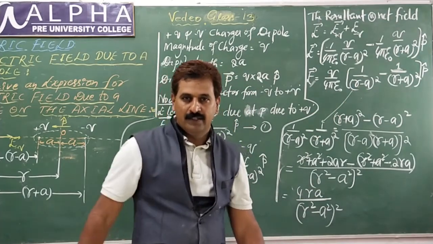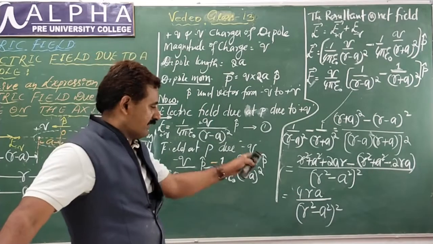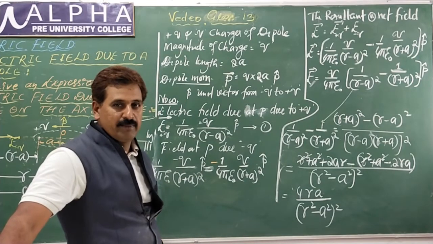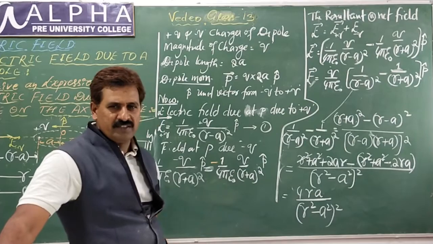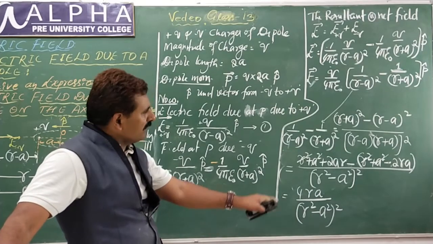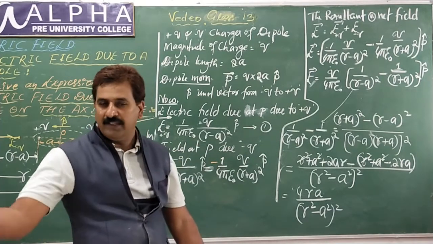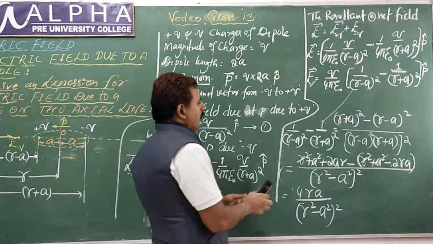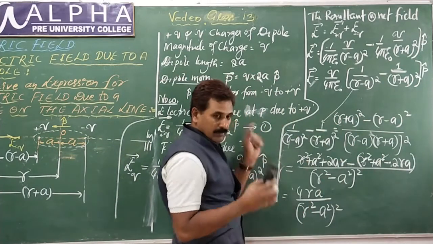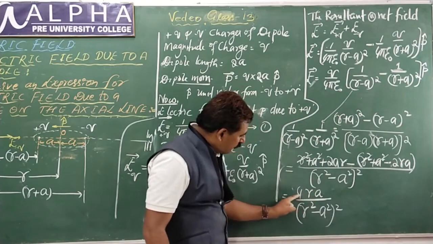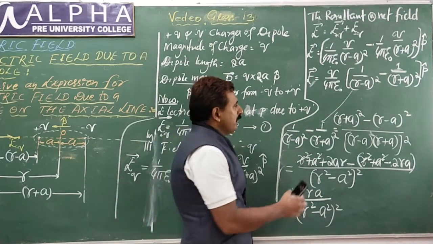This is not expected in the derivation part in physics. When you are writing in the examination, you need to know that side. You just skip this and write the final expression. That's what they have shown in the textbook also. Remember, the LCM part of this is 4RA by R square minus A square whole square.